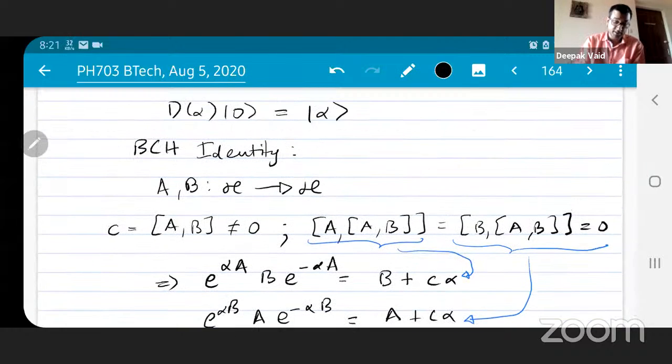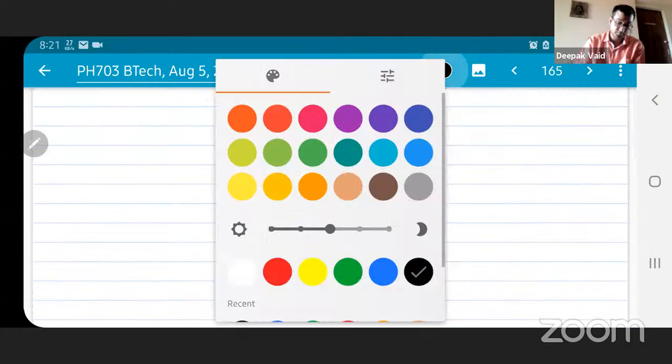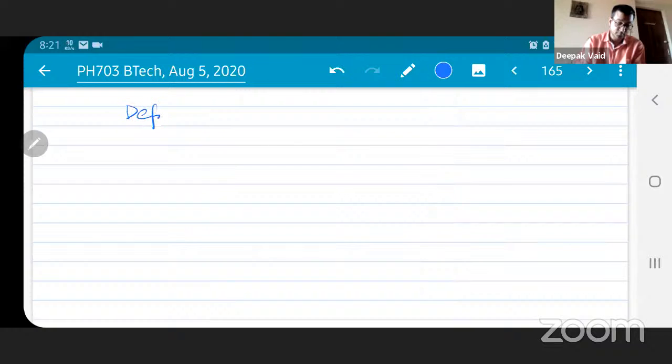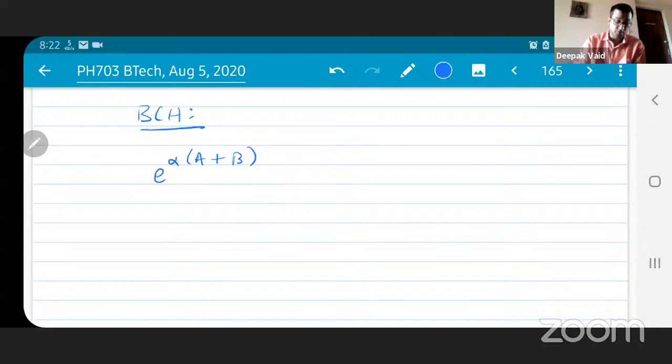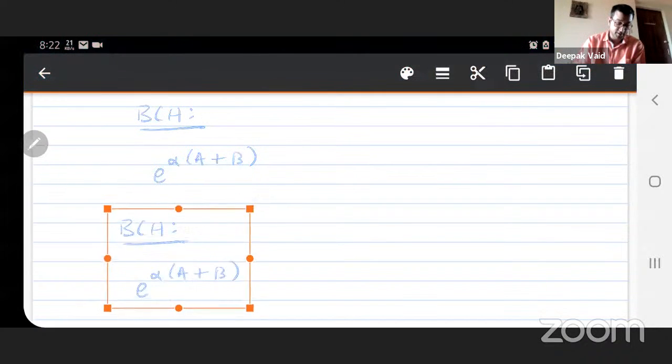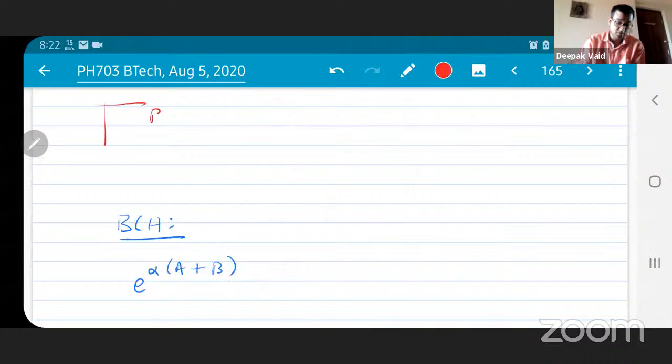So what is the BCH identity? The BCH identity is the statement that if you take... so the thing is, before mentioning this, let me first say a small note.